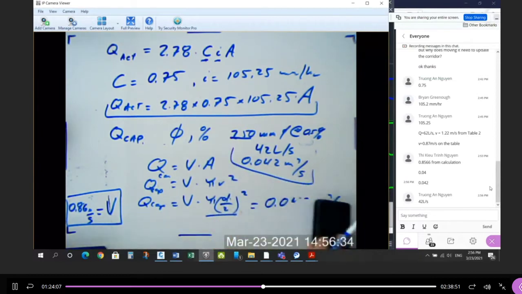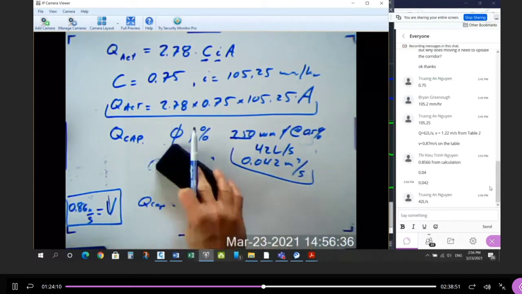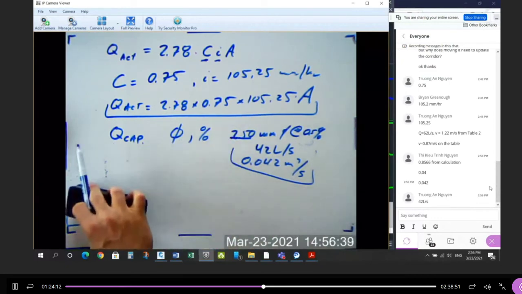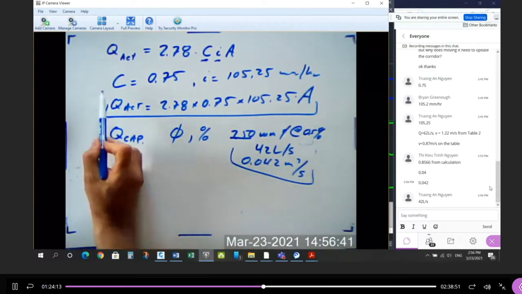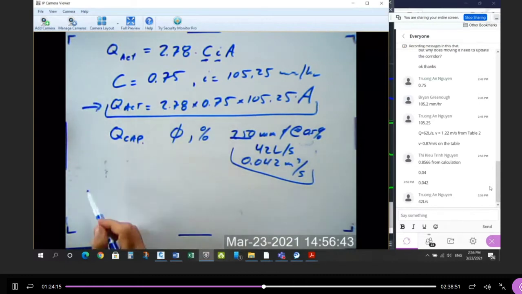Now I'm going to reverse engineer the area. Remember this formula right here, Q actual?